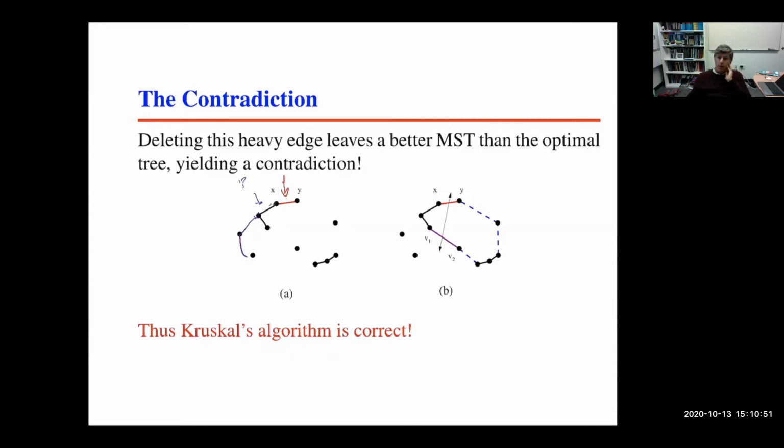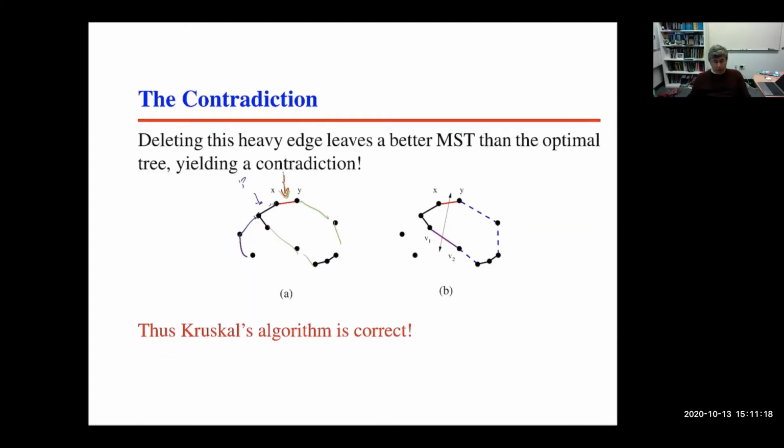Is that right? If these edges in the graph had already been picked, we would have had a cycle, and we would not have picked this red edge for Kruskal's algorithm.